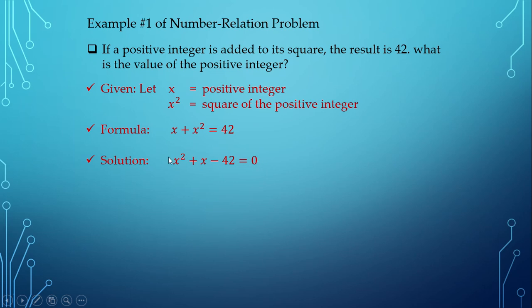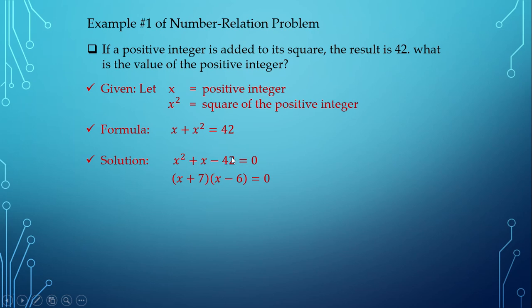So given this quadratic equation, we will think of one method to use in solving for the roots: factoring, completing the square, or the quadratic formula. In this example word problem, I made use of the factoring method. 1x is the sum, negative 42 is the product.